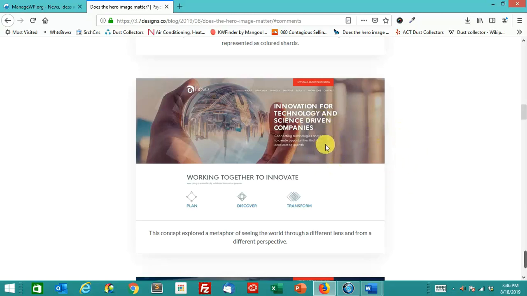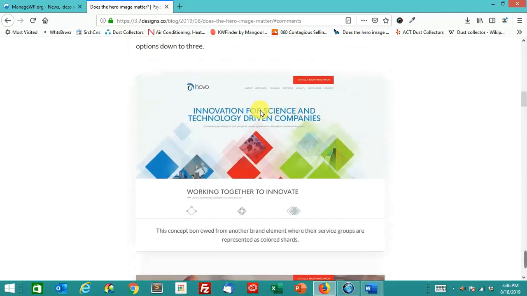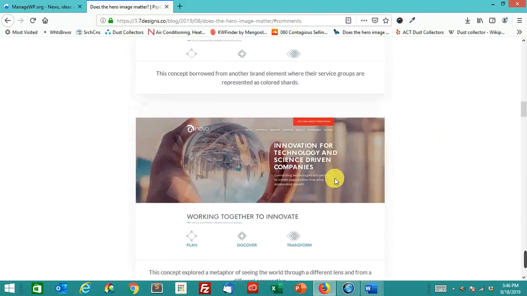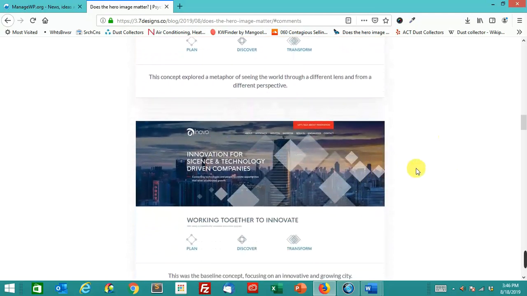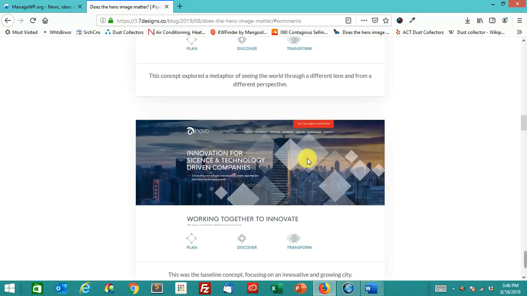Interestingly enough, over here the text is in the center. Over here the text is on the right, which is kind of opposite of that F shape that we're talking about. Or this one with the cityscape.